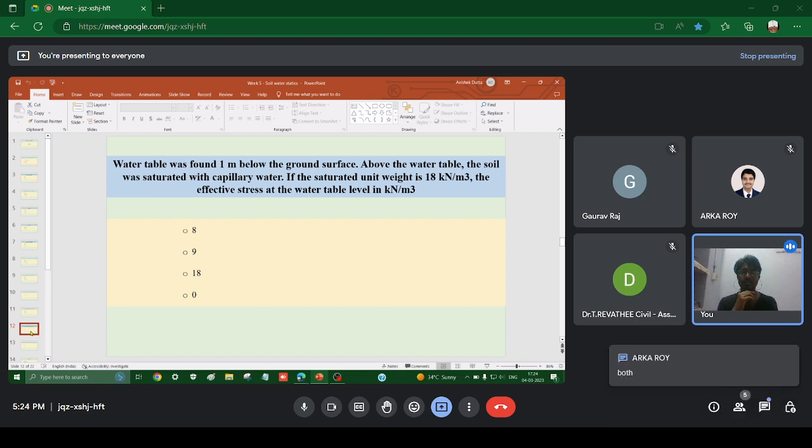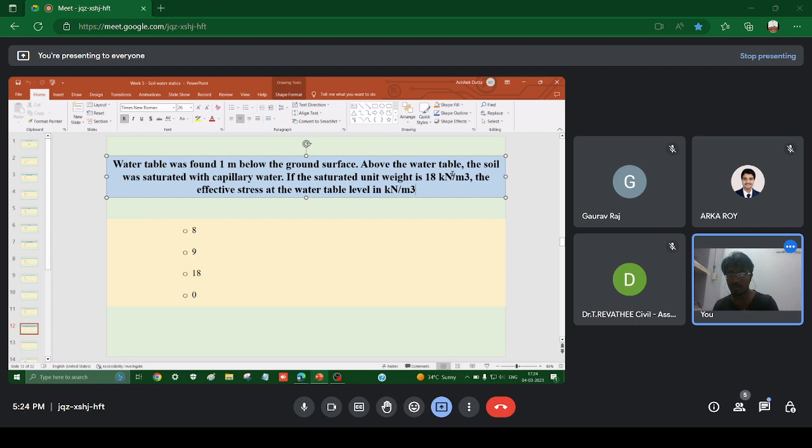If the saturated unit weight is 18 kilonewton per meter cube, the effective stress at the water table level in kilonewton per meter square is: the options are 8, 9, 18 or 0.